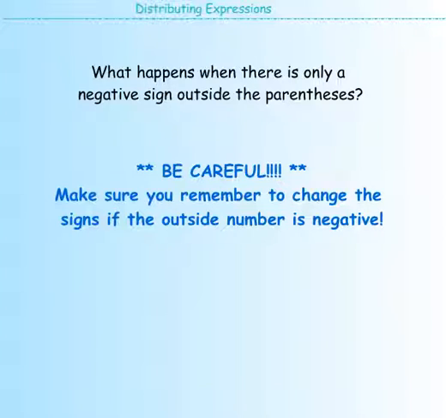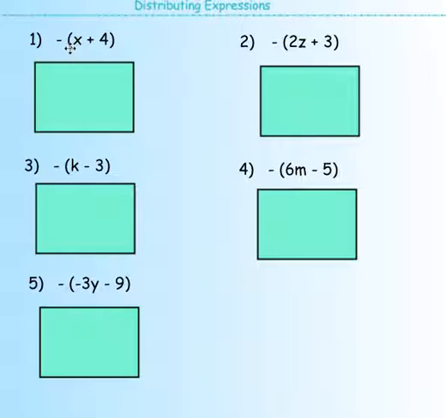Okay. But what happens when there's only a negative sign outside the parentheses? Be careful. Make sure you remember to change the signs if the outside number is negative. So let's take a look here. This is saying negative x plus 4. Or you can think of it as this negative is indicating the opposite of what's on the inside.